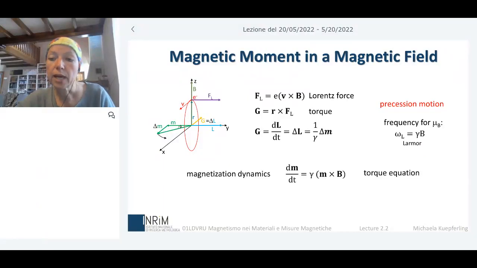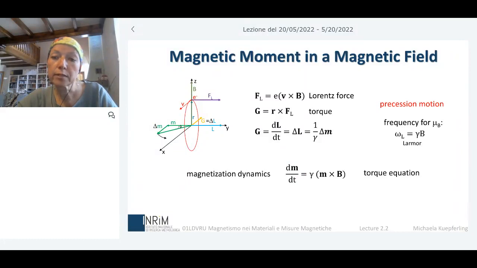So the stronger the magnetic field, the faster it will rotate, precess. So the magnetization dynamics, therefore, is described by the torque equation. So we have that the change of magnetic moment in time is proportional to M cross B.